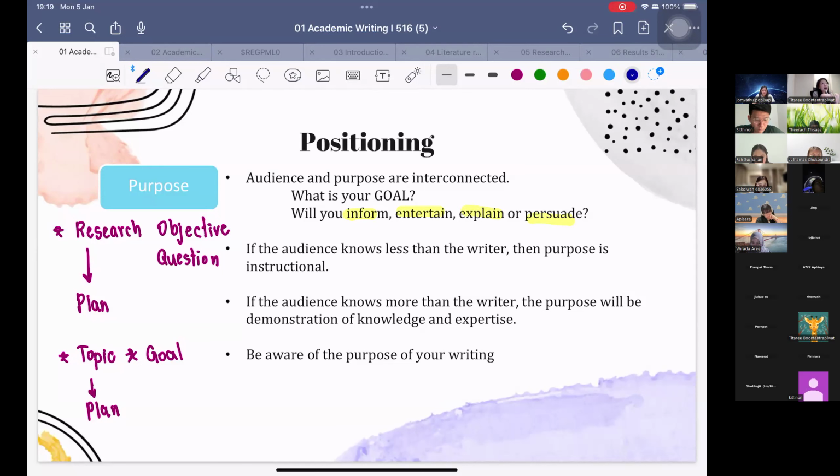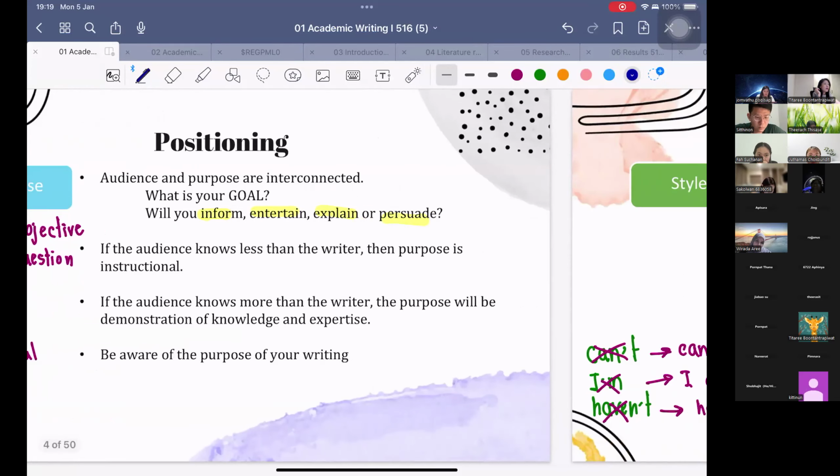Knowing these things, you can create better writing in terms of introductions. You would know what to include in your literature review. So knowing your purpose and objective would help your writing be more structured and have all the necessary details in place.